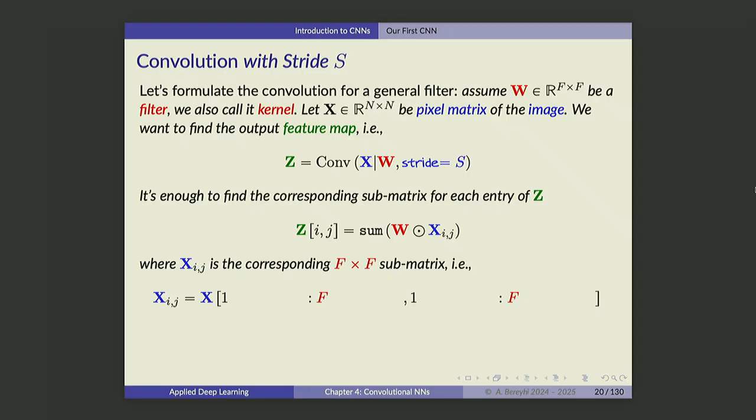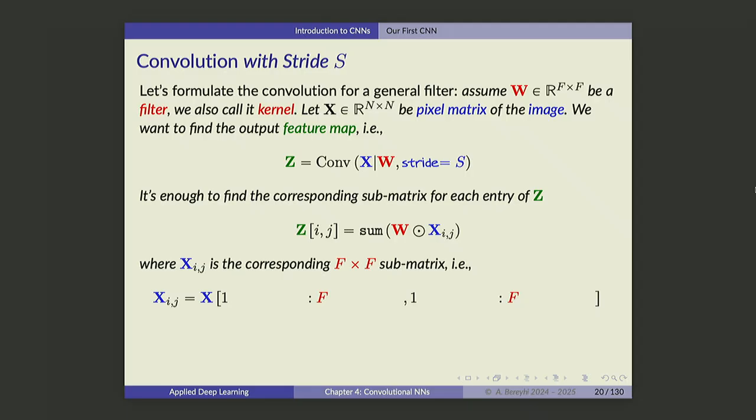Each time you add s to it, right? Just think about s equal to 2. Your matrix is going to start at 1 to f, right? The next one is going to be 3 to f plus 2, right? Next time is going to be 5 to f plus 4, right? This is going to be the case.